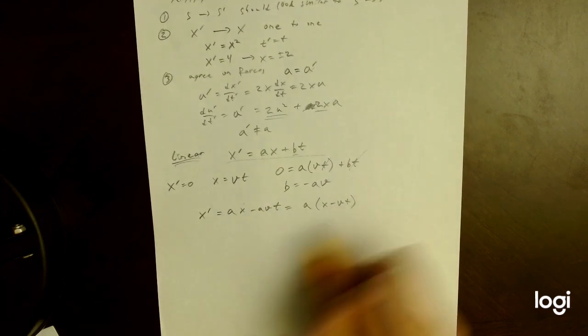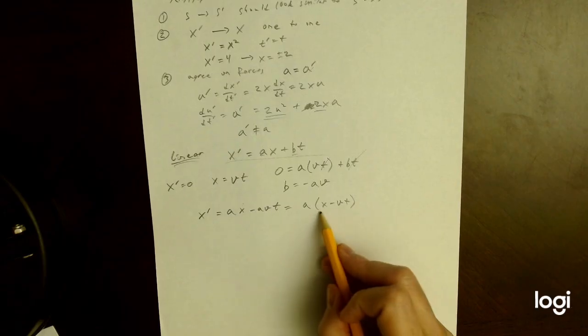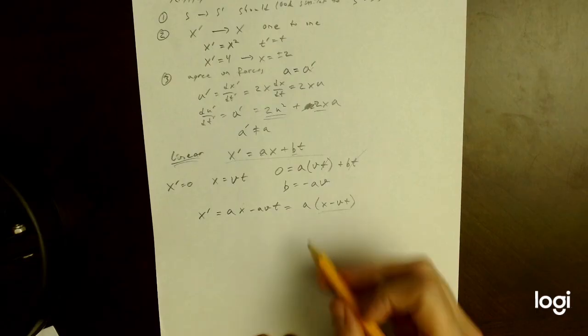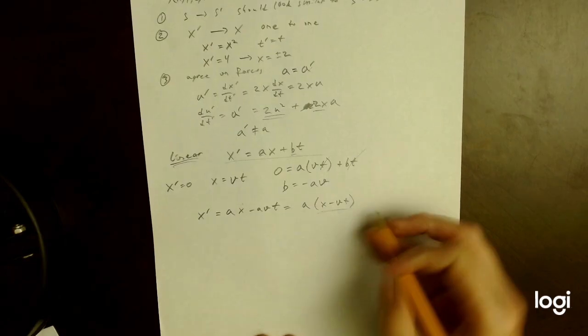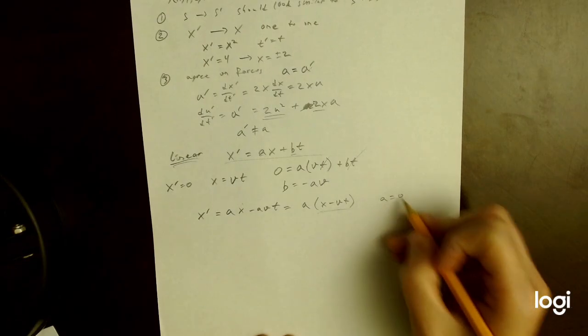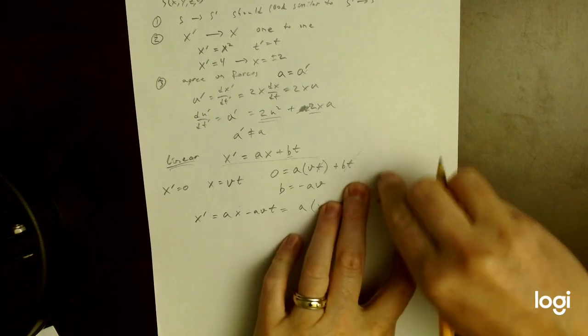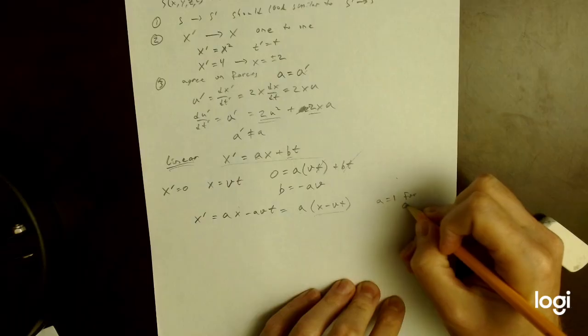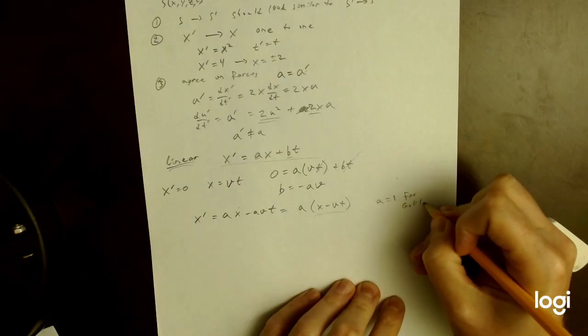Now notice here that this looks very similar to our Galilean transformations that we talked about. And in the Galilean transformations, a would be 0. A equals, or sorry, nope, not 0. A equals 1, is what I mean, for Galileo.